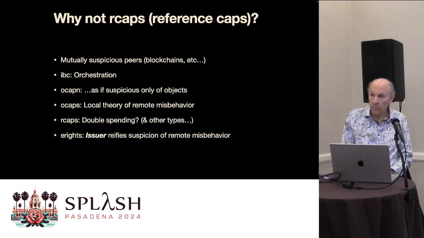So in the e-rights approach, the issuer, which I'll be explaining, is the reification of the suspicion of remote behavior, so that the trust that you're placing in a foreign issuer reflects your suspicion judgment about whether or not that issuer is double spending the currency that it issues.